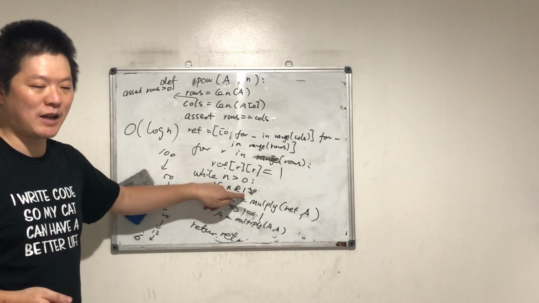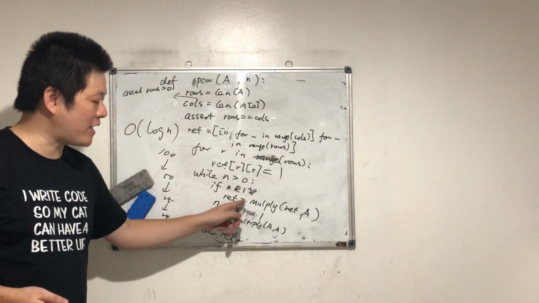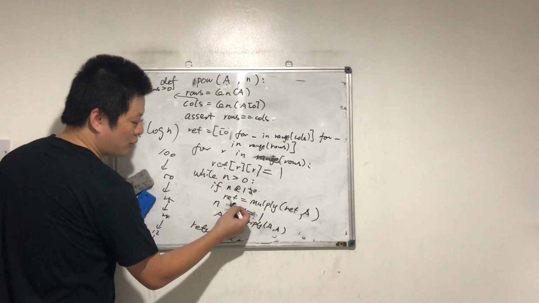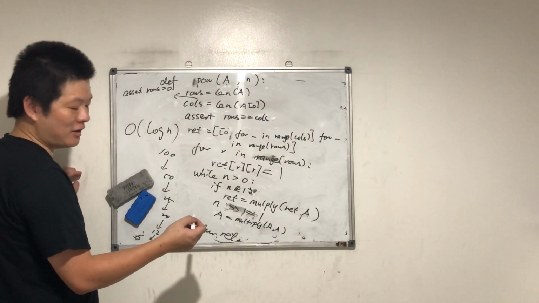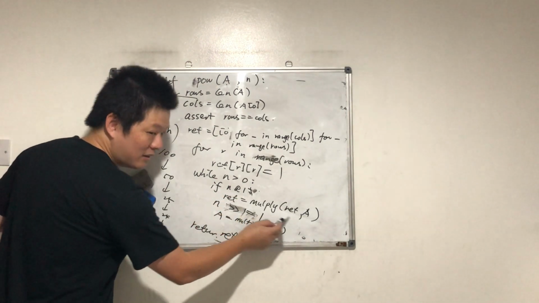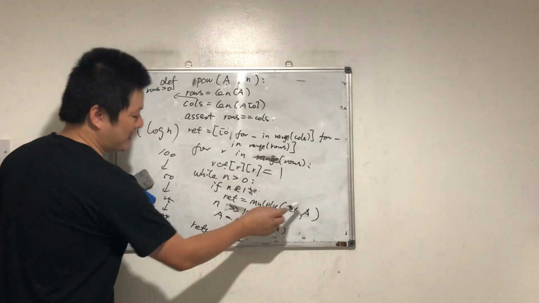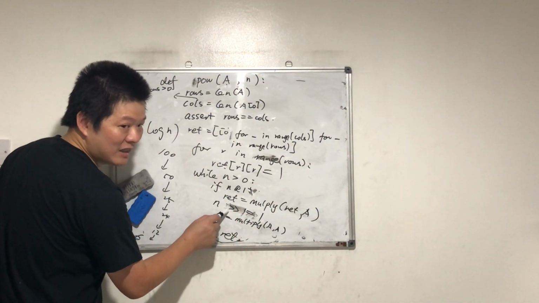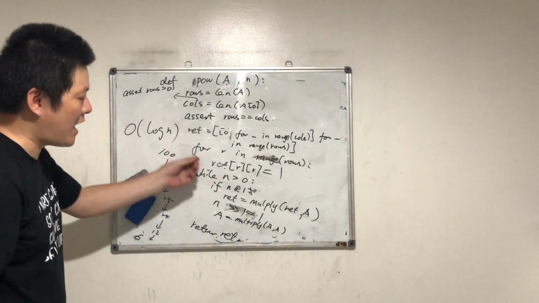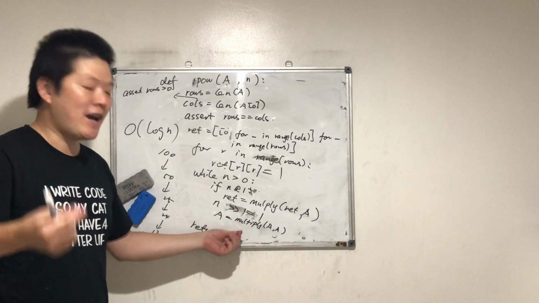What's if n and 1? It's checking when n is an even or odd number. If it's an odd number, then we multiply it one time. And what's this doing? Even number, divide by 2. When we reduce 100 to 50, we need to multiply to square A, right?